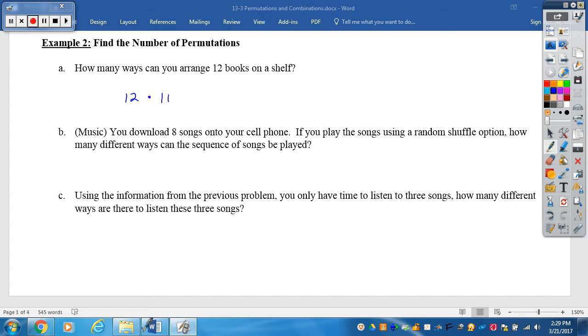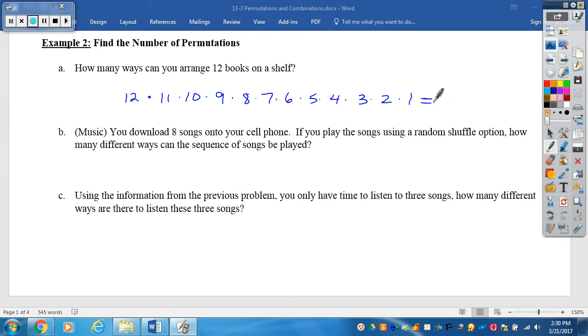Okay, for the third book, I pick another one up. Now I've got 2 less, so I can use it times 10. And I think you're starting to see the pattern here. Fourth book would be 9, fifth, 8, sixth, 7, and all the way down to, well, 1. So we end up with 6, 5, 4, 3, 2, 1. Okay?